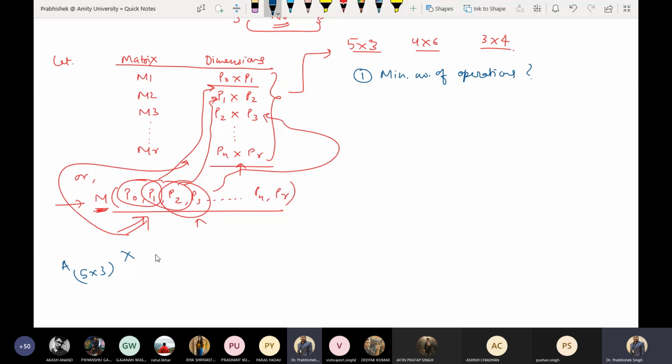There is a matrix A whose dimension is 5 into 3, and another matrix B whose dimension is 3 into 4. Can you multiply these two matrices? Yes, and the result will be C with dimension 5 into 4. So how many total operations are required? The total number of operations required is 5 into 4 into 3.